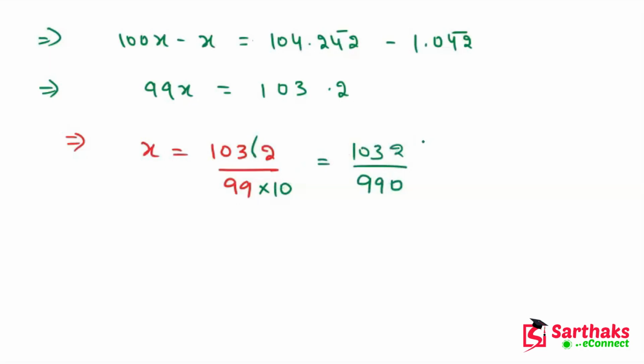Now we have to reduce it into the simplest form. If we divide by 2, we get 516 over 495.